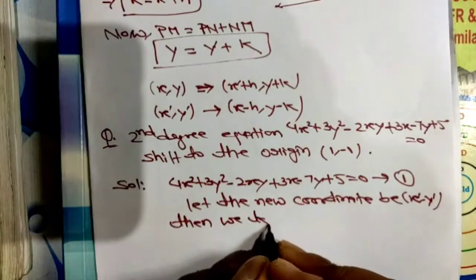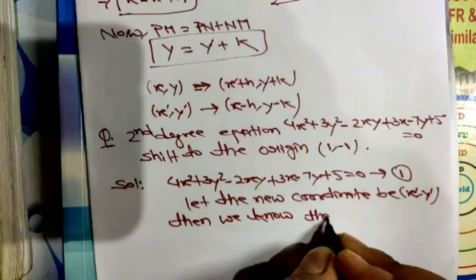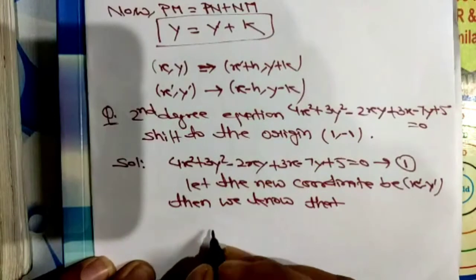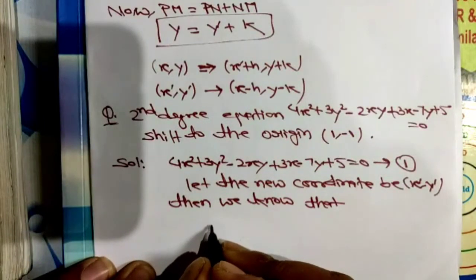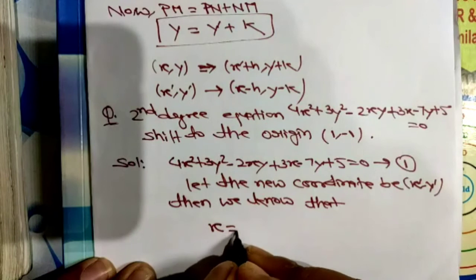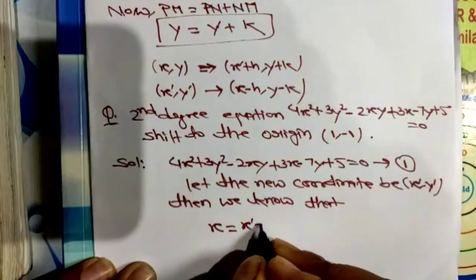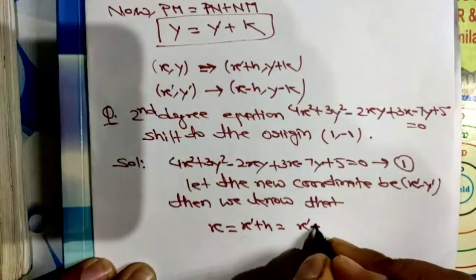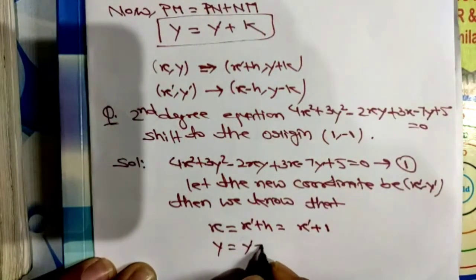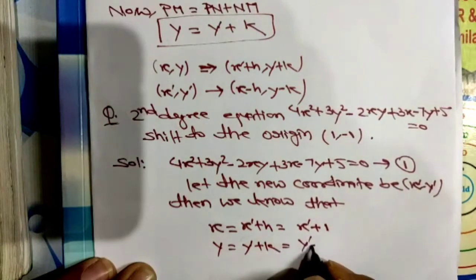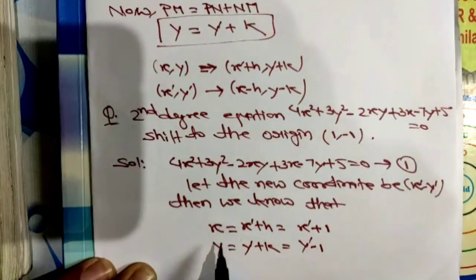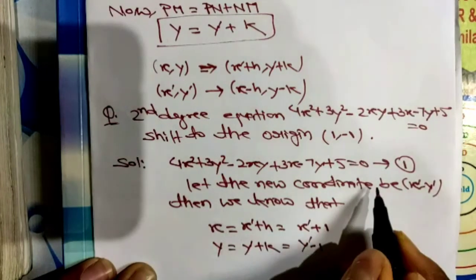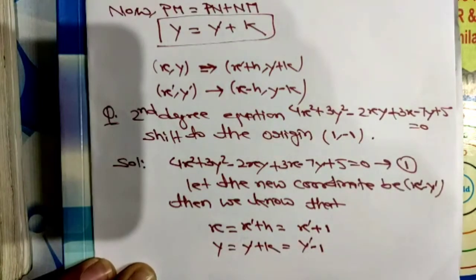Then we know that x is equal to x dash plus h, and we write it as x dash plus 1, since h is 1. And y is equal to y dash plus k, we write it as y dash minus 1. Now put the values of x and y, x dash plus 1 and y dash minus 1 respectively, in equation number 1. After solving, what will we get?